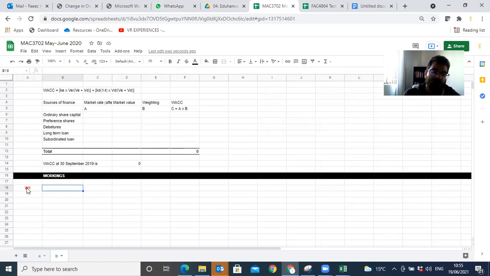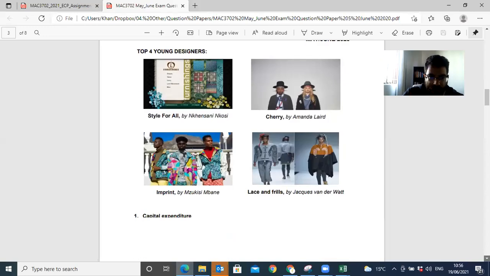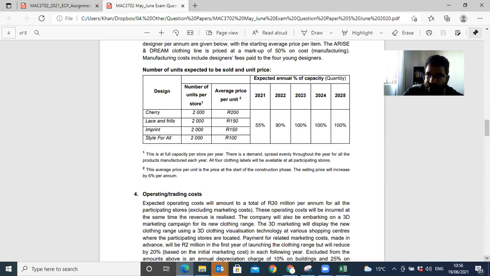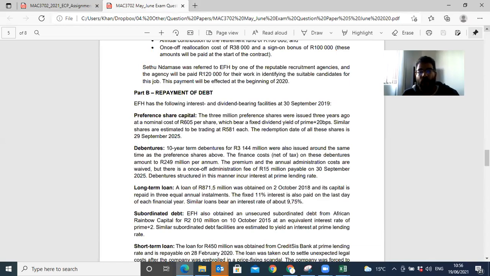So now I'm going to start with preference shares. Remember, the one thing we want to do is determine what was given and then what needs to be calculated. Sometimes a given still needs to be calculated, but basically it's a basic calculation. If we have a look at preference share capital, they say 3 million preference shares were issued 3 years ago at a nominal cost of 605.